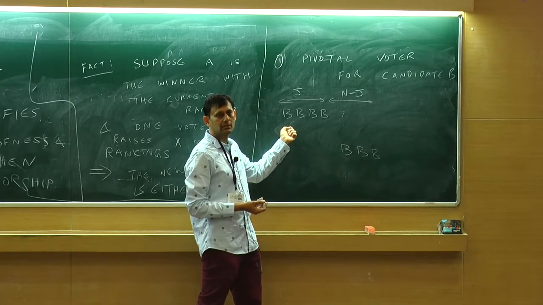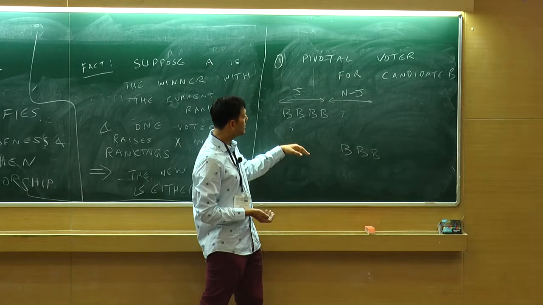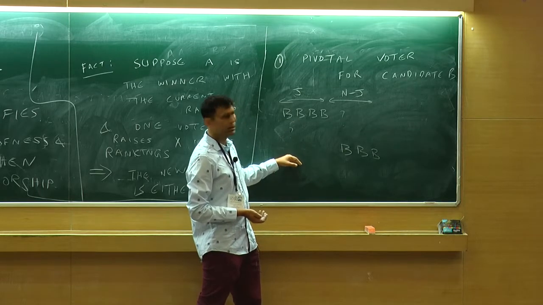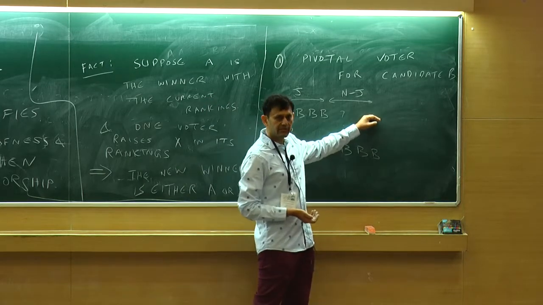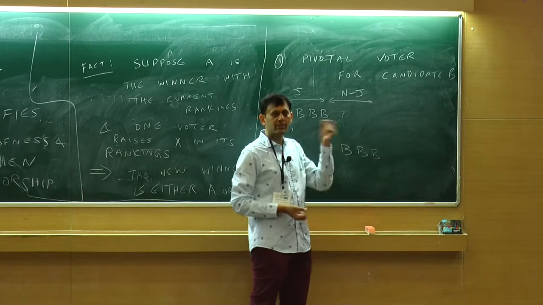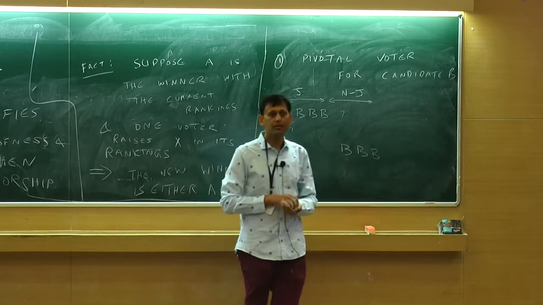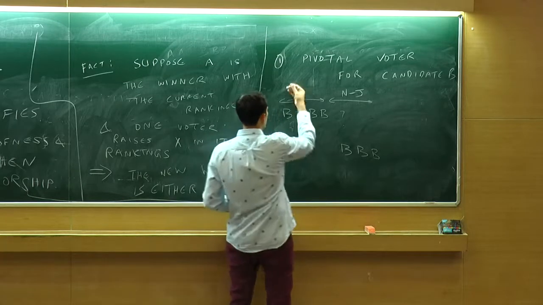Does it make sense? With j equal to 0, B is not the winner. With j equal to n, B is definitely the winner. Therefore, there will be some first j for which B becomes the winner. And that's what we're going to call R.